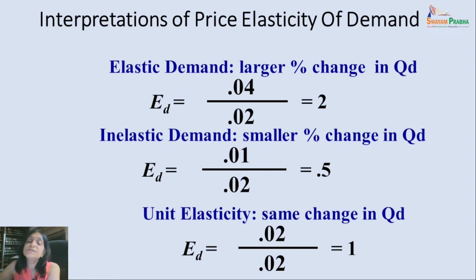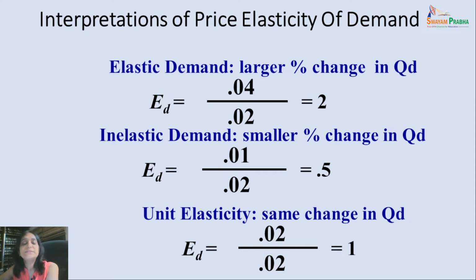Then the answer of your elasticity of demand becomes equal to 1. It's mathematical logic that we are using, because the value of the numerator is the same as the value of the denominator. Therefore, your elasticity will become equal to 1. That is called unit elastic.